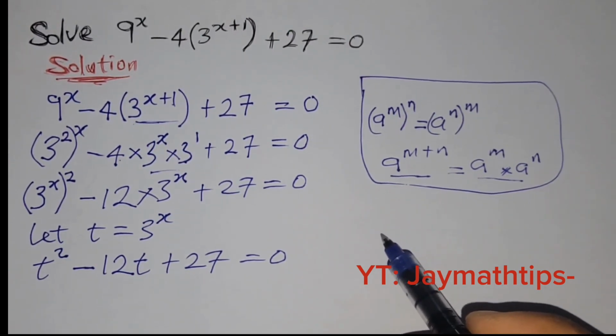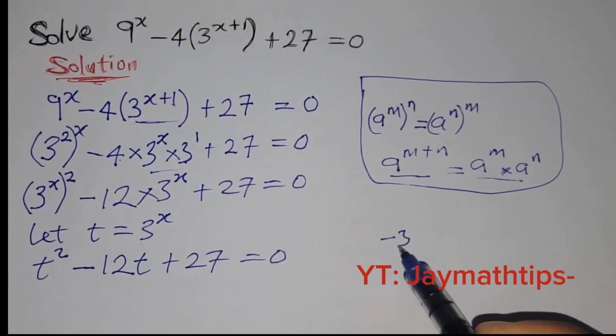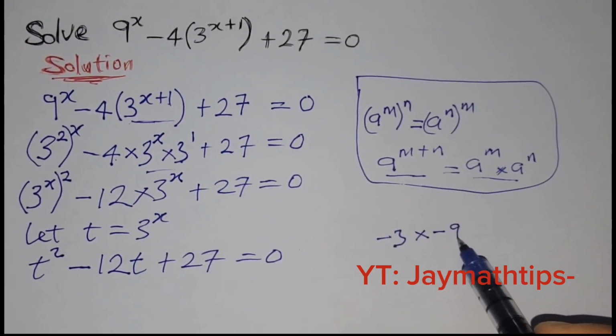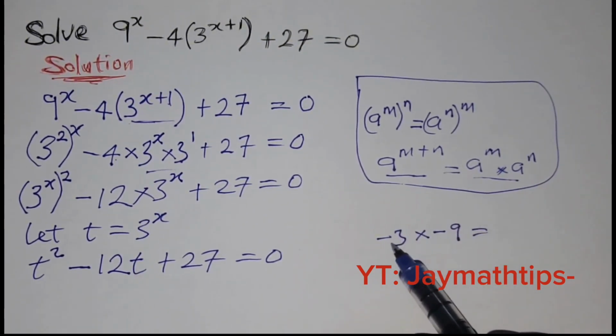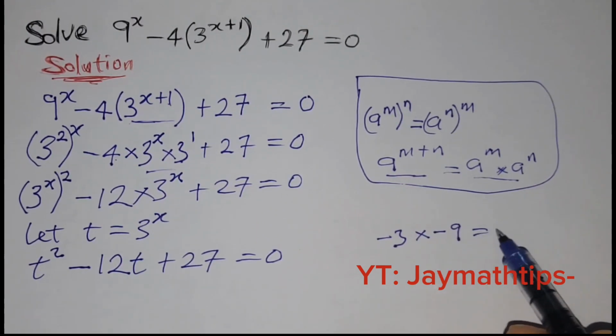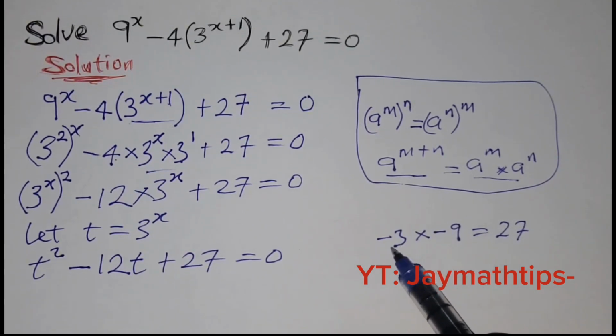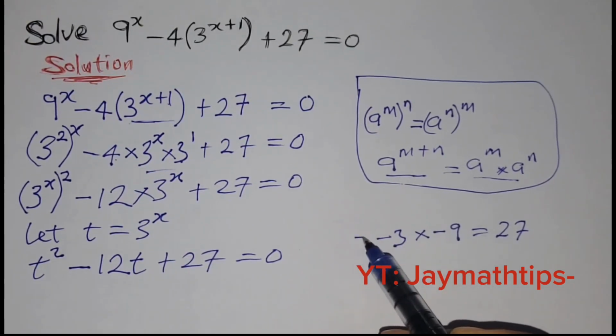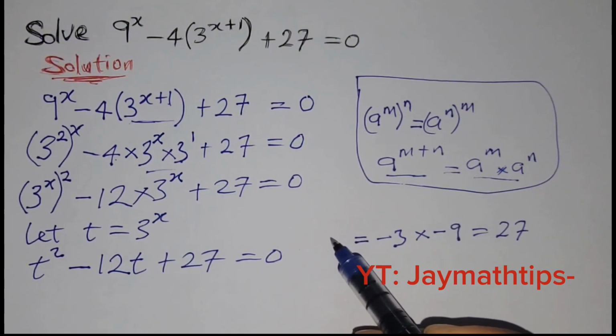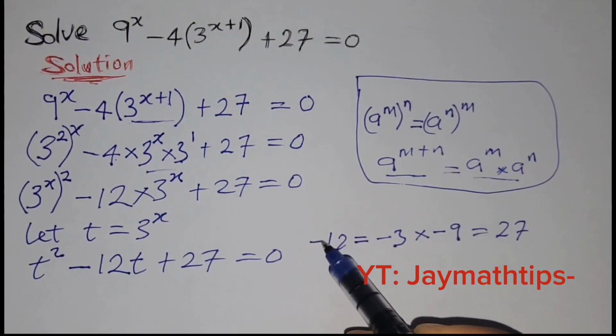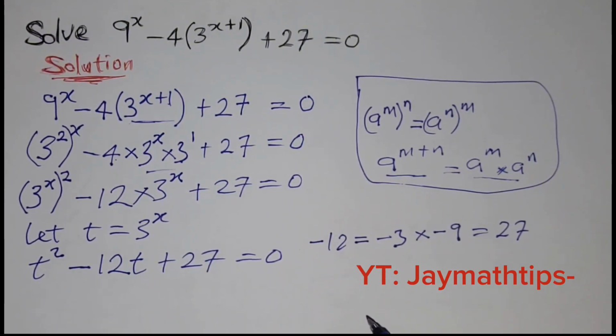I'll take minus 3 times minus 9, which will give us plus 27, yes. But when you add these two numbers, is it going to give us minus 12? The answer is yes.